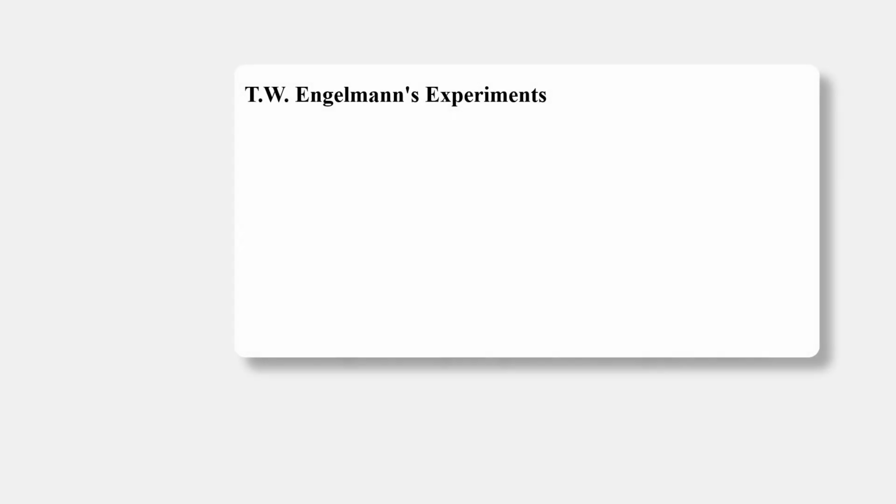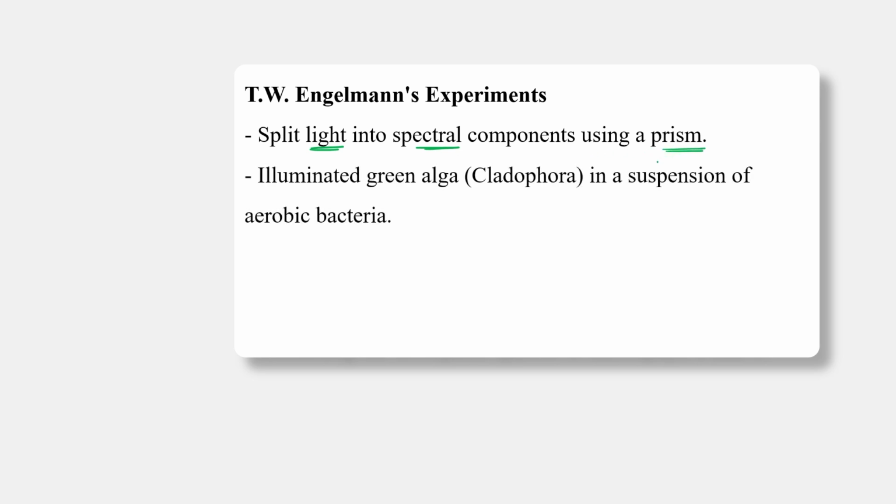Now, T.W. Engelmann's experiment actually showed the importance of blue light and red light. He split light into its spectrum components using a prism.